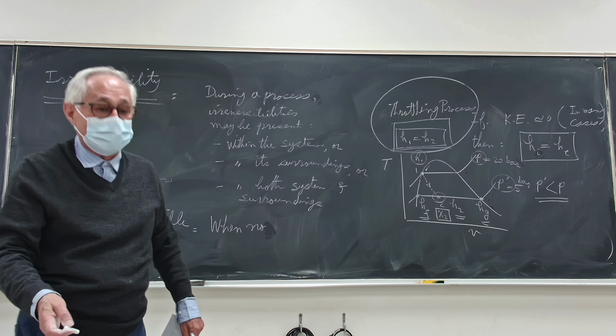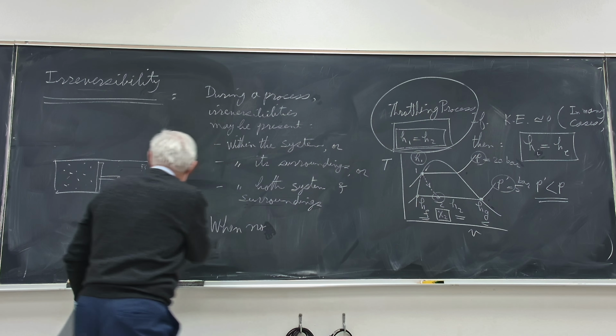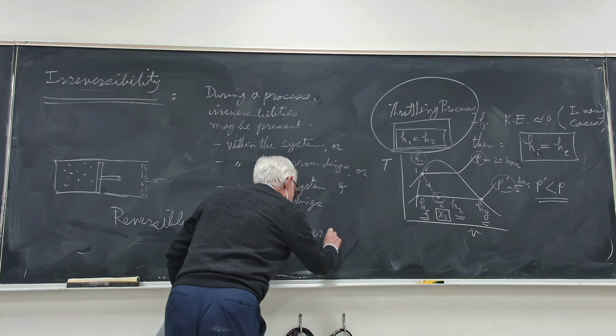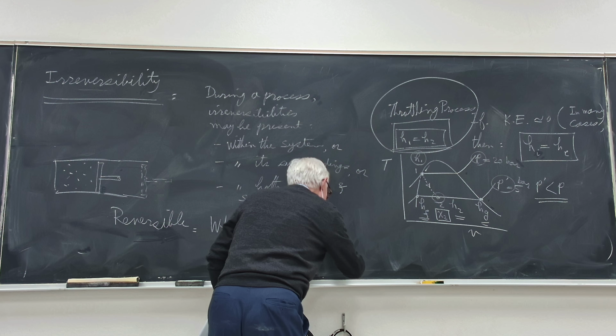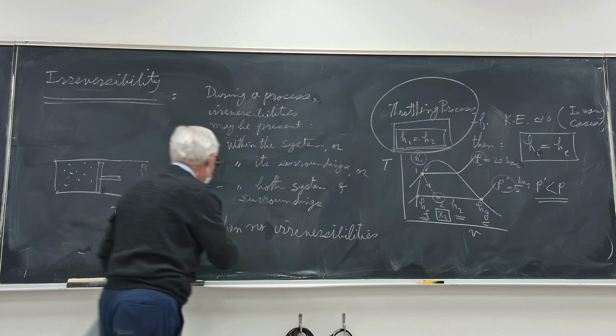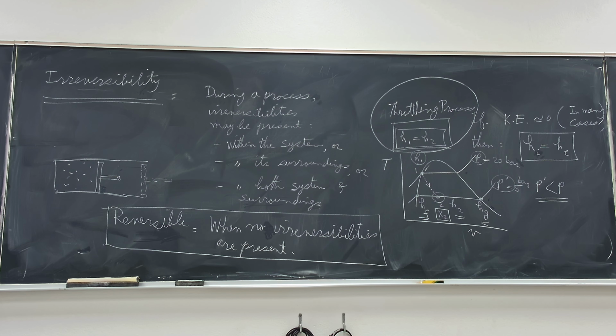Very clear, of course, but it seems nonsense, right? A process is reversible when I have no irreversibilities present, within the system or its surroundings. No irreversibilities.